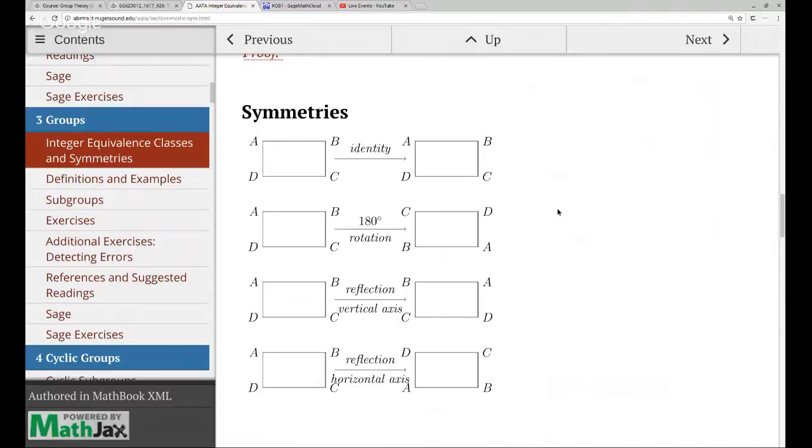H is reflection in the horizontal axis, and V is reflection in the vertical axis. Okay, so those are the 4 elements in my group, and the group operation is composition of symmetries.